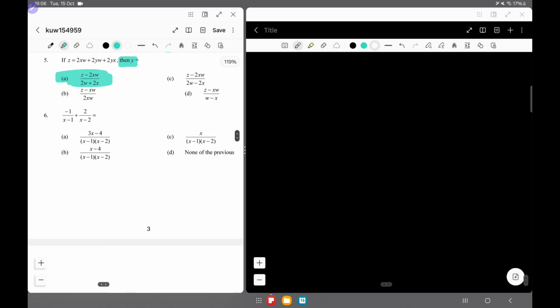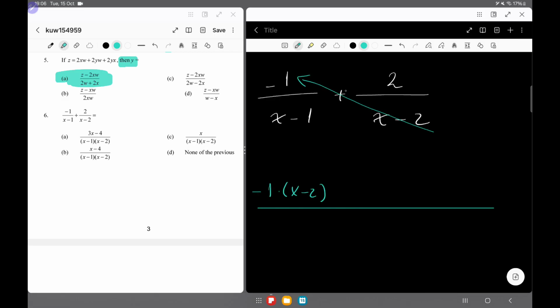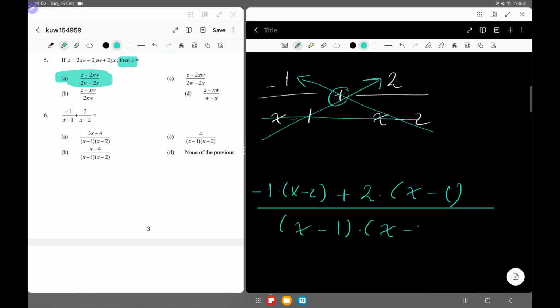Next question, you need to simplify this one: negative 1 over x minus 1 plus 2 over x minus 2. It's too easy, right? Okay, you will write a fraction. This times this, that means negative 1 times x minus 2, plus this times this, 2 times x minus 1, and this times this, x minus 1 times x minus 2.